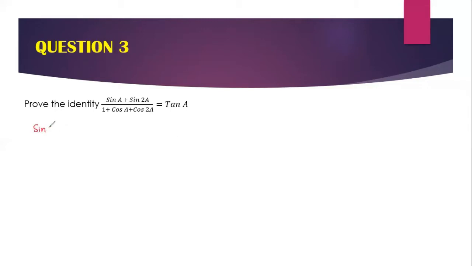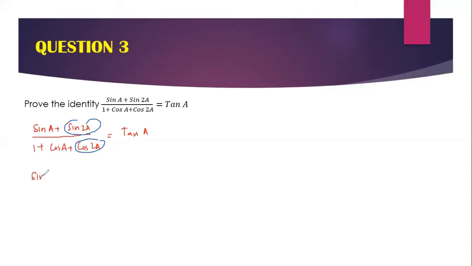So sine A plus sine 2A over 1 plus cosine A plus cosine 2A equals tangent A, right? You have to modify this one and this one. Why? Because it is double angle, right? You have to modify all the trigonometry formula to the single formula. Clear? Okay, go.